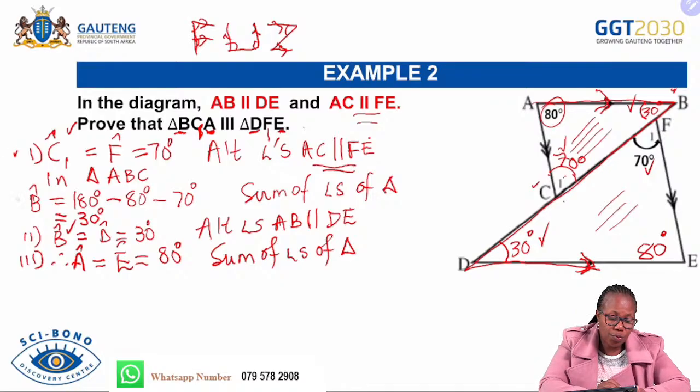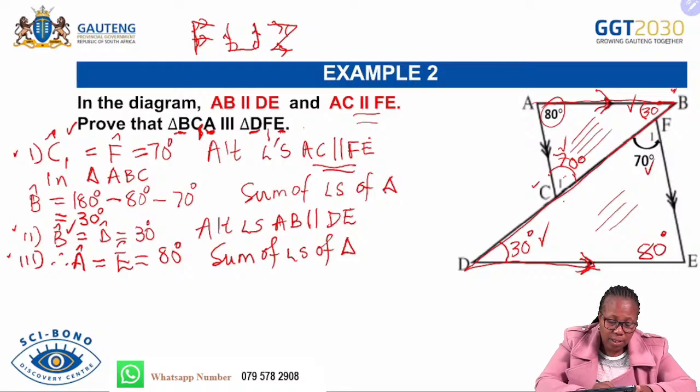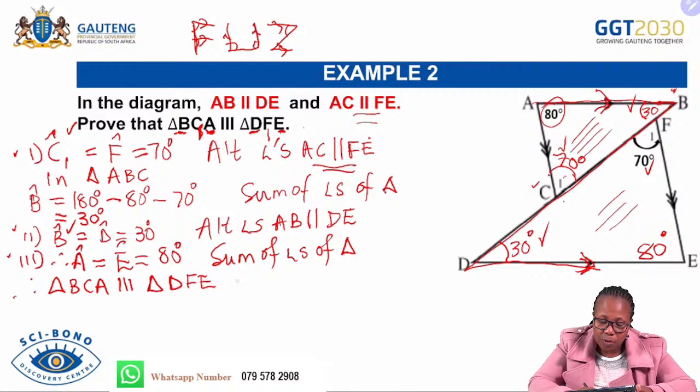So we have condition 1, condition 2, condition 3. If we have those three, we can now say, therefore, yes, triangle what? Same sequence given to you, BCA is similar to triangle DFE. The reason for similarity is because they are equiangular.